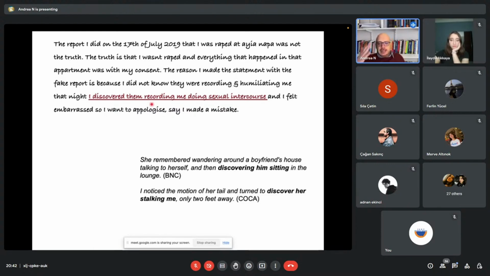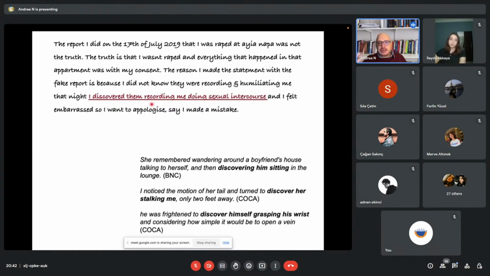"I noticed the motion of her tail and turned to discover her stalking me." So there is a specific use of this construction, discover with ing, and this is a case in which the discovery and the thing being discovered happen at the same time.